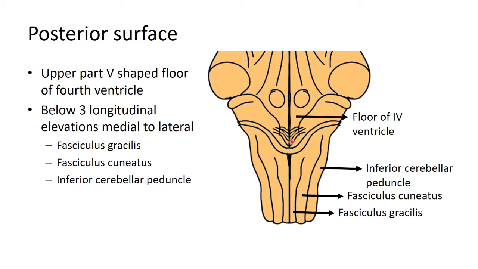Below the floor of the fourth ventricle, there are three longitudinal elevations medial to lateral, named as fasciculus gracilis, fasciculus cuneatus and inferior cerebellar peduncle.